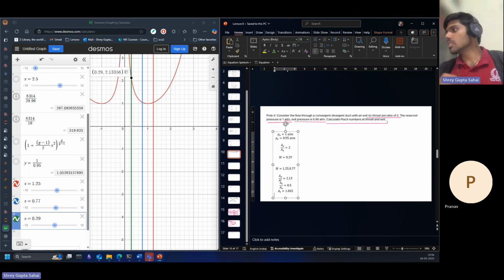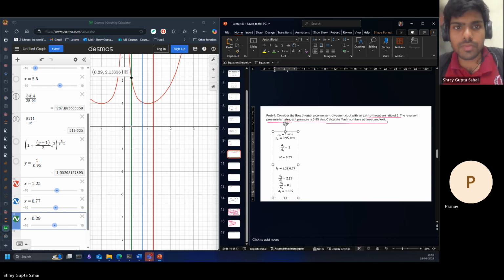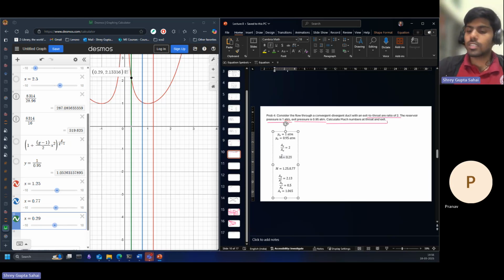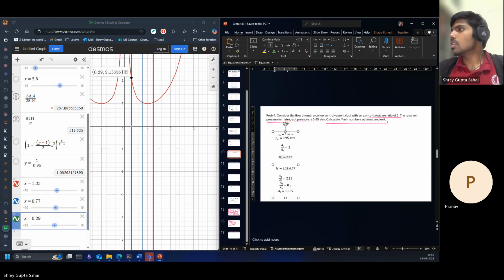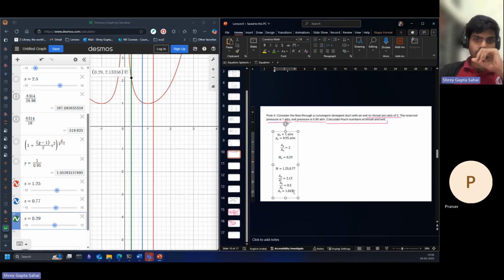So we know Mach number at exit is this, 0.29. So at least Mach number at exit is found out. We need to find Mach number at the throat.